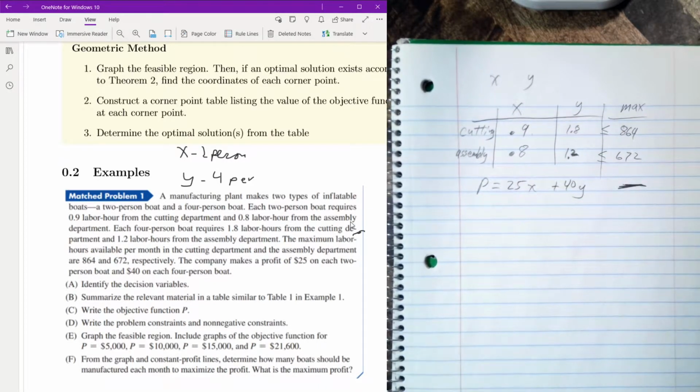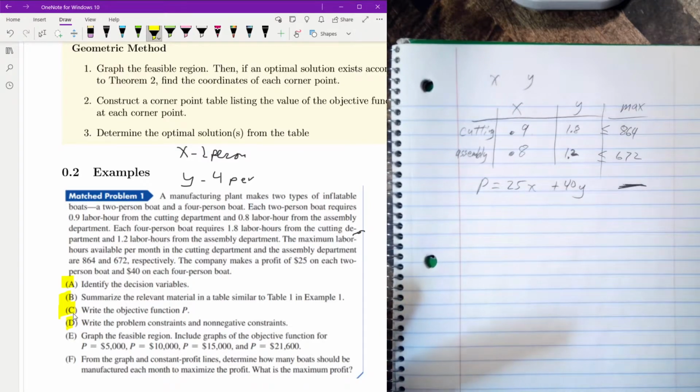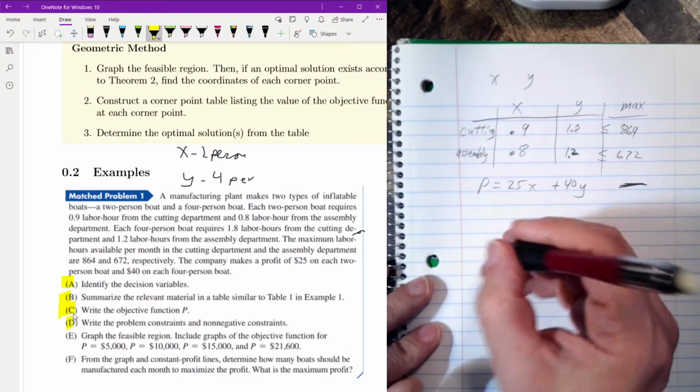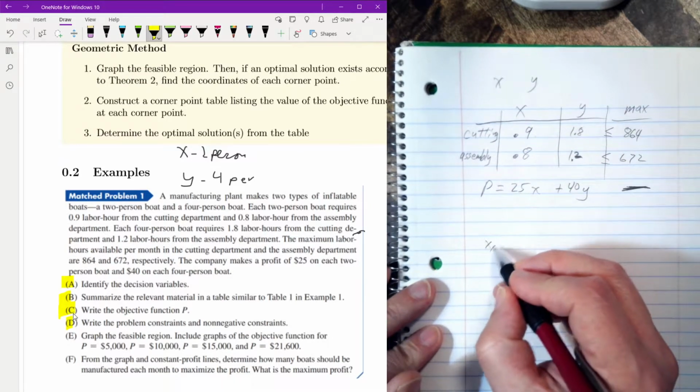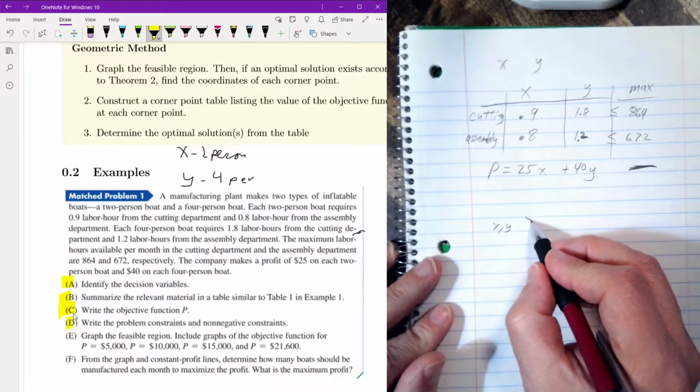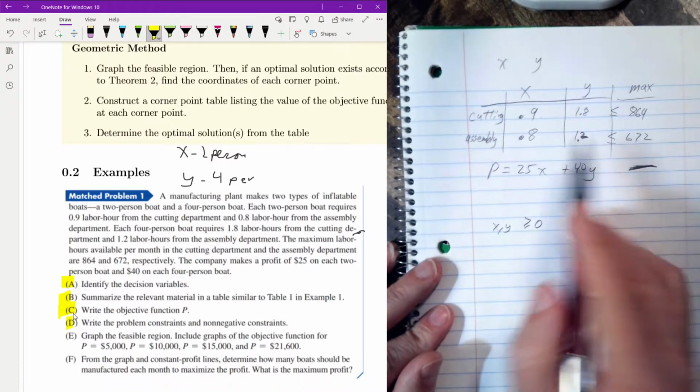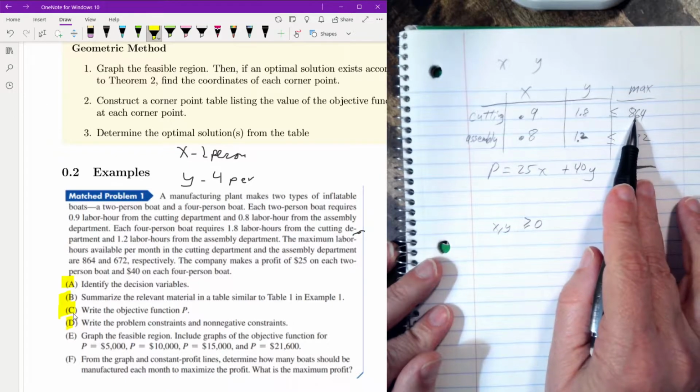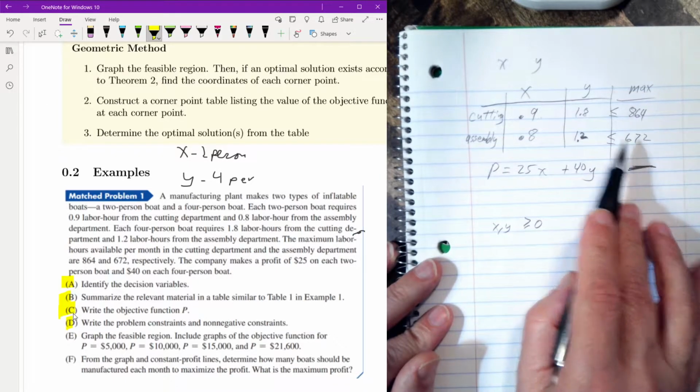So we've now identified the decision variables, summarized the information, and written the objective function. Now let's write the problem constraints. Can we have negative boats? No, we can't have negative boats. So right off, we know that X and Y have to be greater than or equal to 0. We also know that our labor hours have to be less than the maximum.